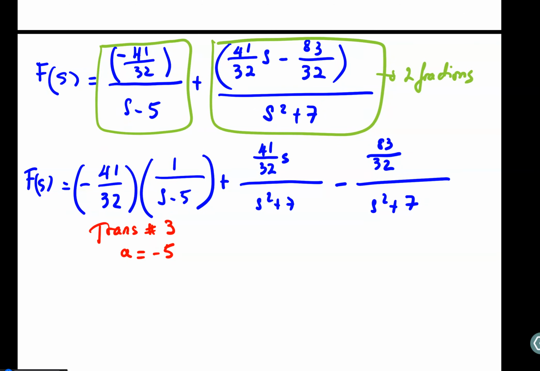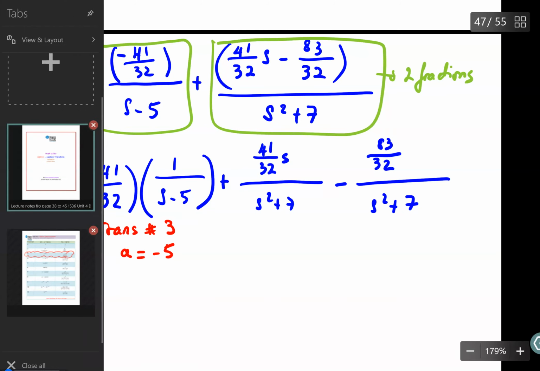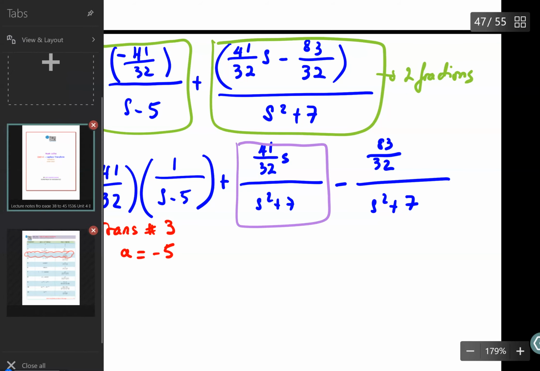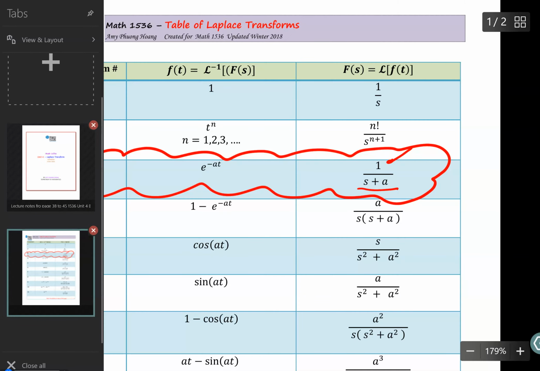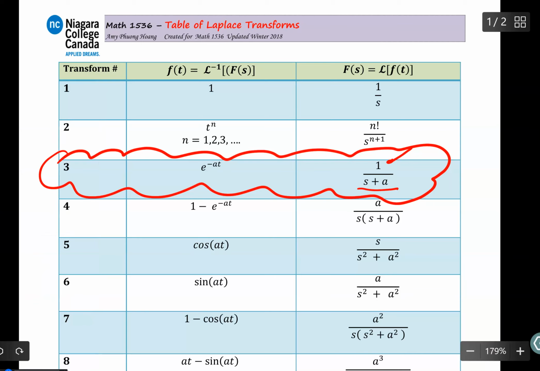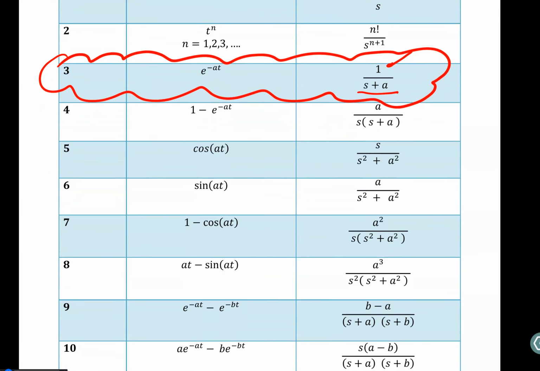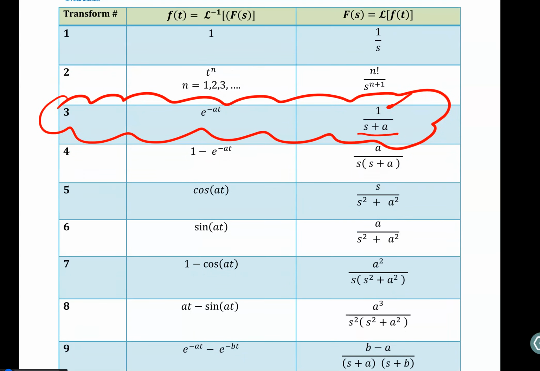Alright, so let's go to our Laplace transform table and find what transform we need to use for this one right here, and look for the one that's similar to that.